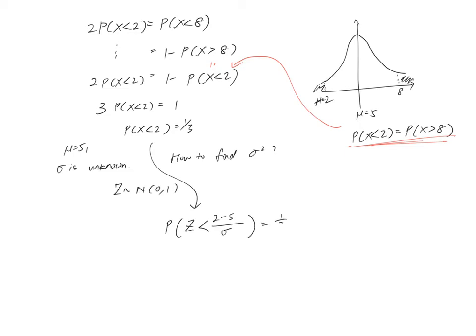This equals 1/3. If we take the inverse norm of 1/3 with mean 0 and standard deviation 1, because a standard normal distribution has mu 0 and standard deviation 1, we get (2 minus 5) over sigma equal to negative 0.43727. Just solve this on your own. I'm sure you can get sigma squared to be approximately 48.5.